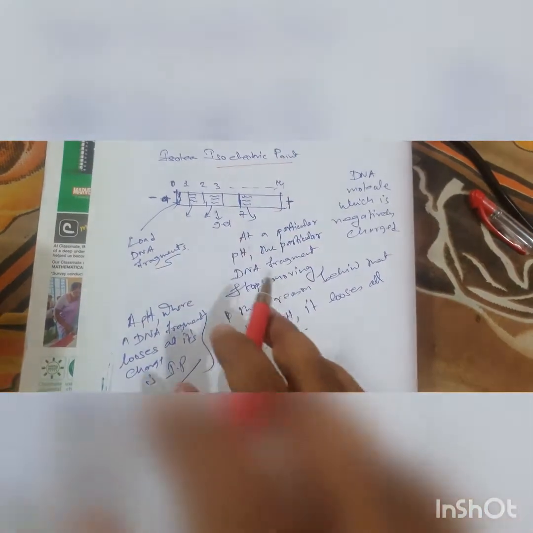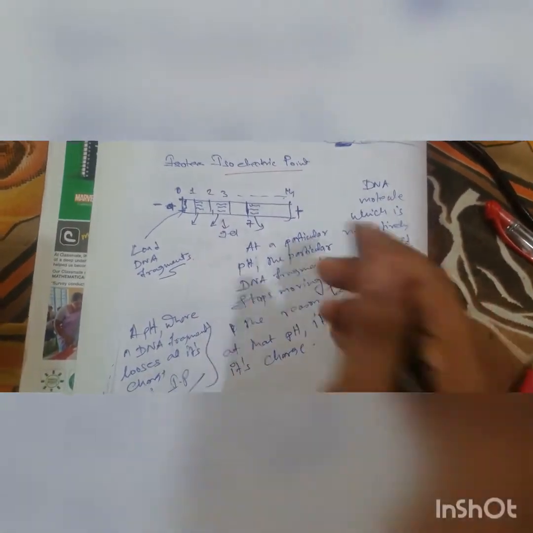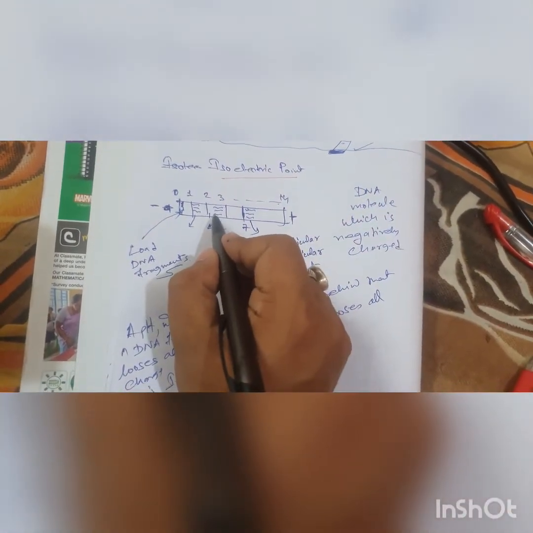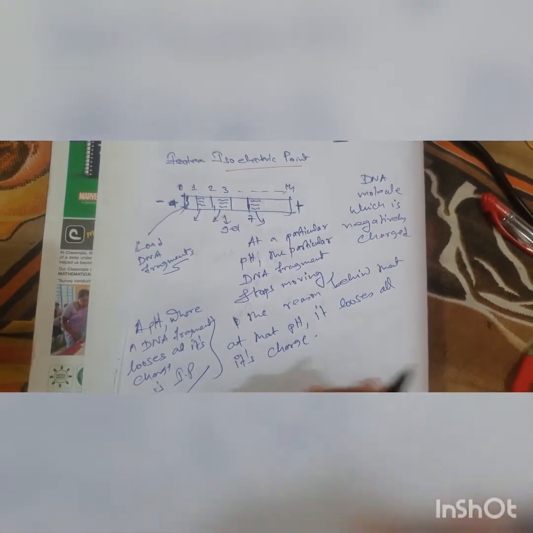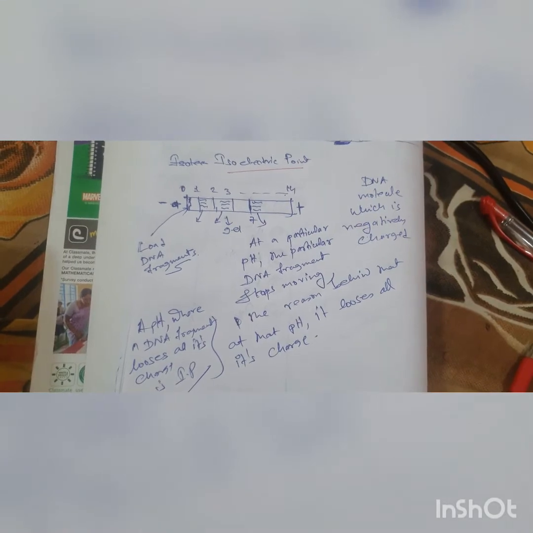So on reaching an isoelectric point, not only one DNA fragment, there will be some particular number with little size difference. It is not on the basis of size, but there will be little size difference, not a very big size difference.